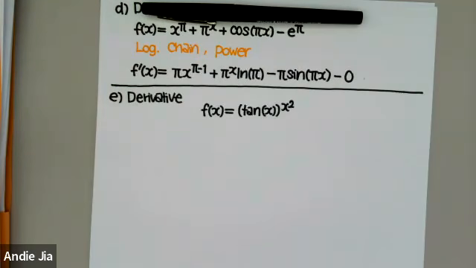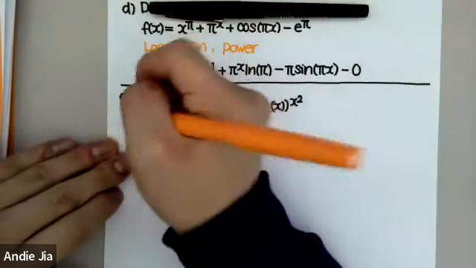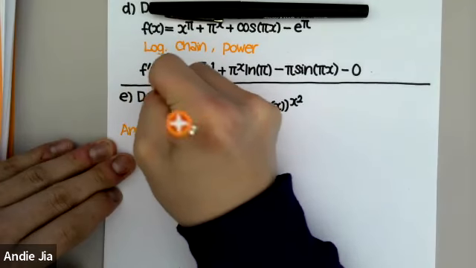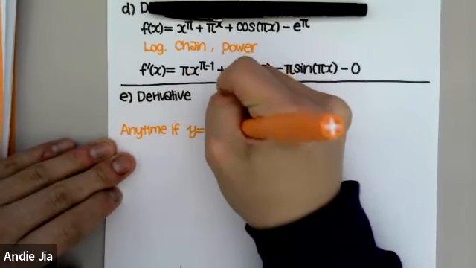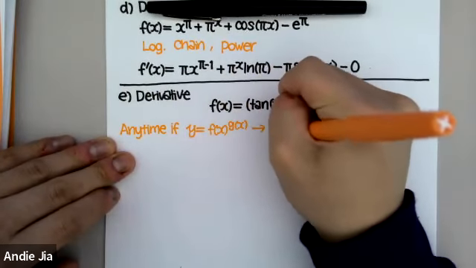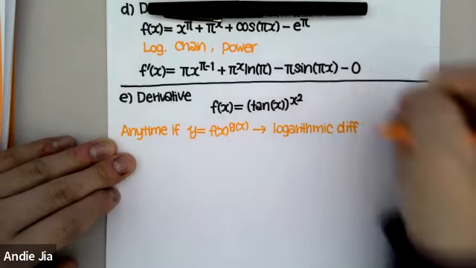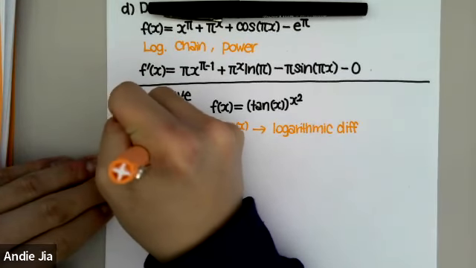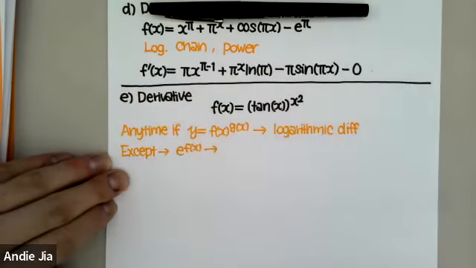Every time you see a power to another power, if y equals f of x to the power g of x, use logarithm. The only exception is e to the f of x, where the chain rule can be used.